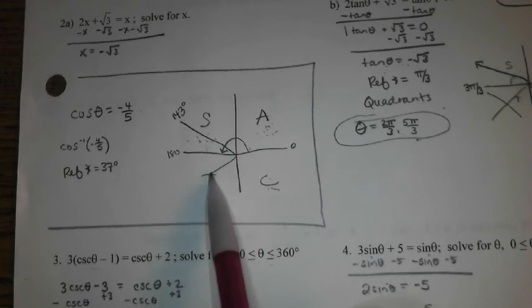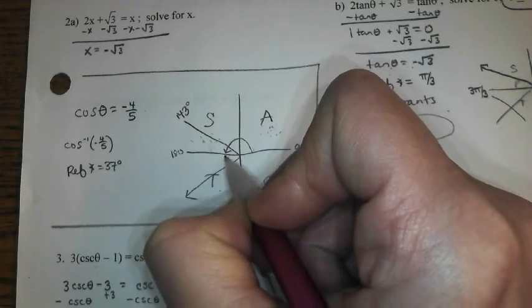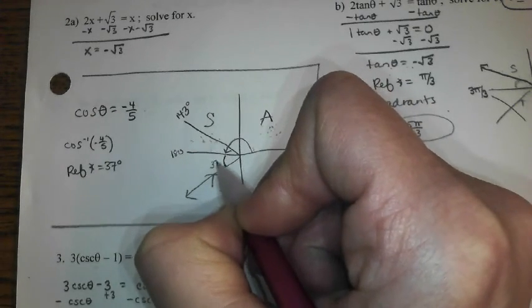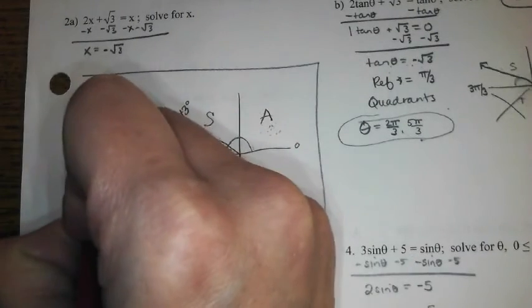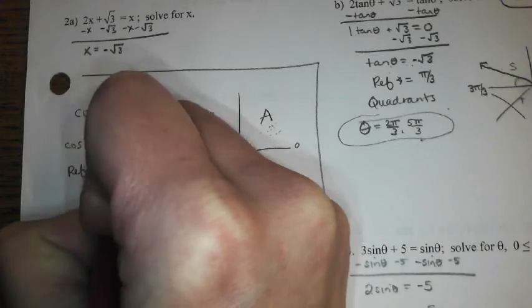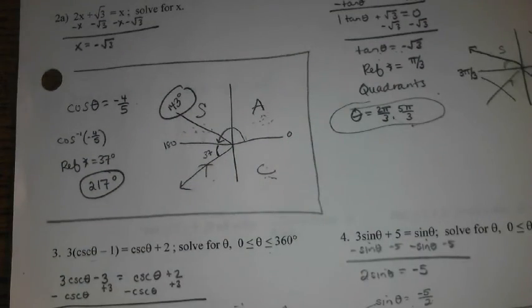So we need an angle in here that has a reference, here's your reference, of 37. So that would be 37 degrees past 180. So 180 plus 37 is 217. So you'd have two answers still, but the reference angle is not one of them.